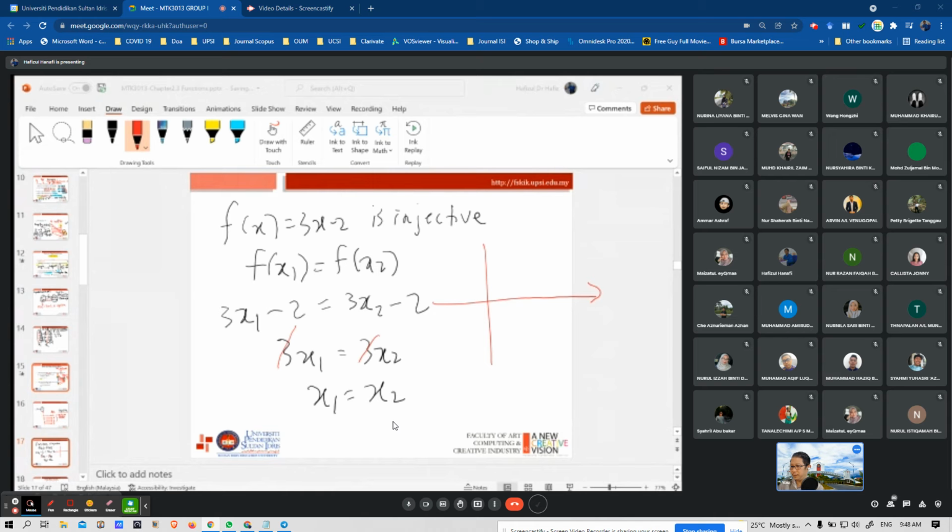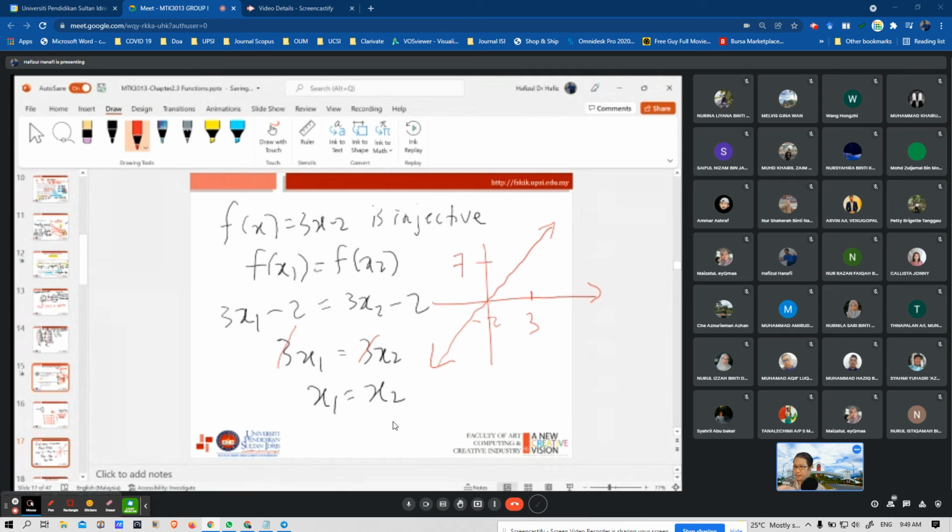This one is negative 2, and then the graph will be like this. This one is 3, and it corresponds to this value up, which will be 7. We notice that we have 3 and 7.